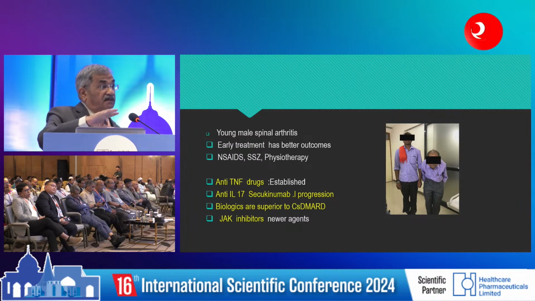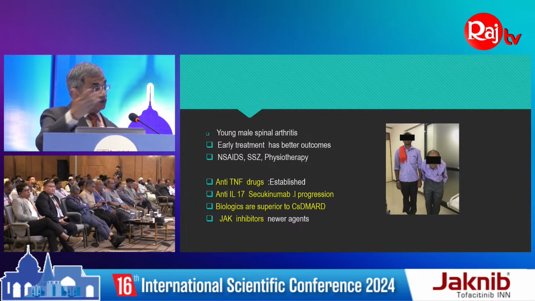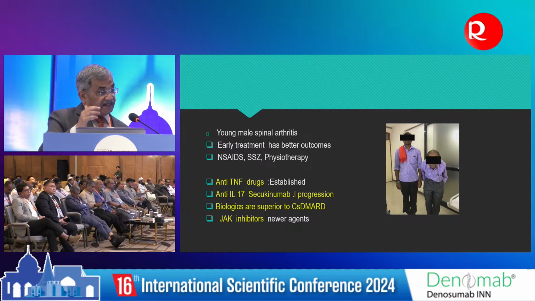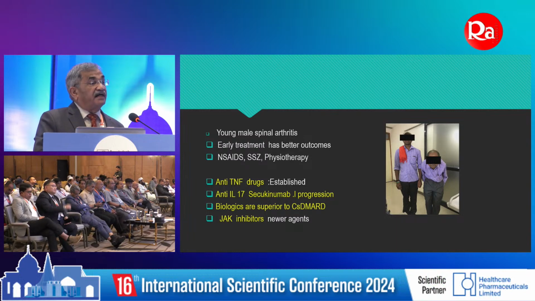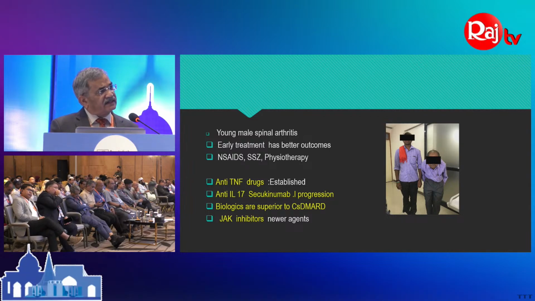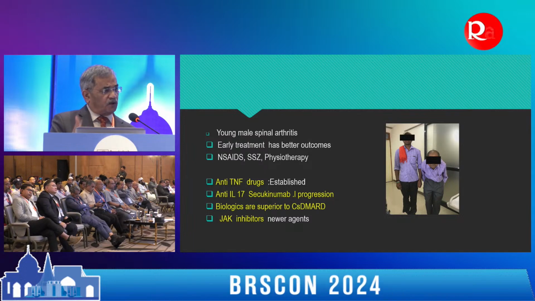Whether you use drug A or drug B, whatever evidence is there, whatever your experience is, with early treatment you have to take a decision. Don't wait. So that is number one. Anti-TNF drugs are established. That is number one. Anti-IL-17 like secukinumab have also definitely stopped the progression.